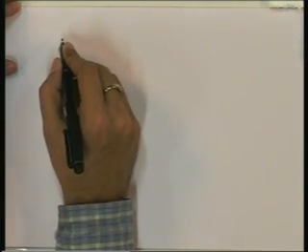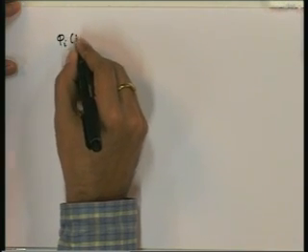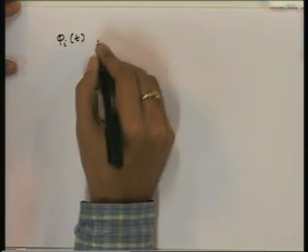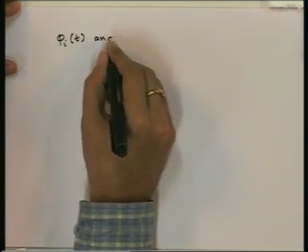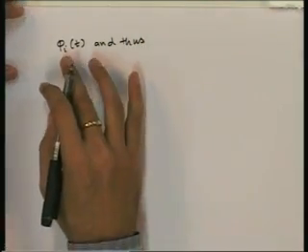Let us see phi_i(t). First of all we know that it is orthonormal, so it is unit energy.